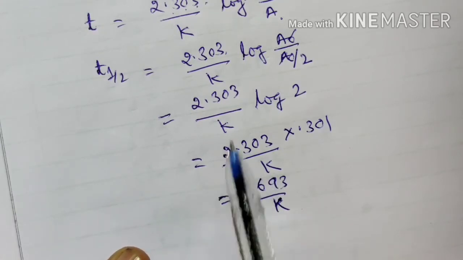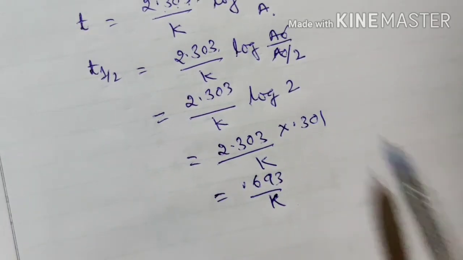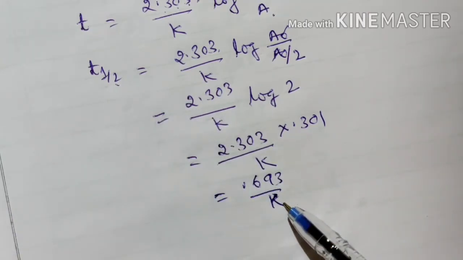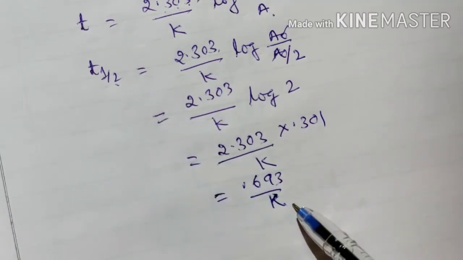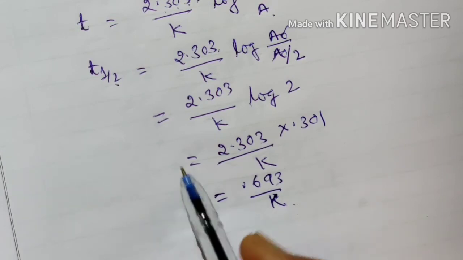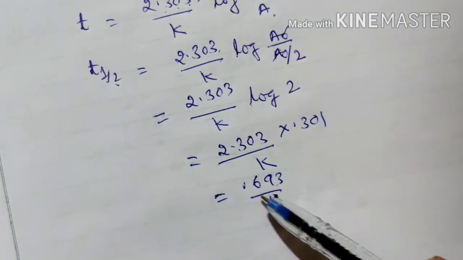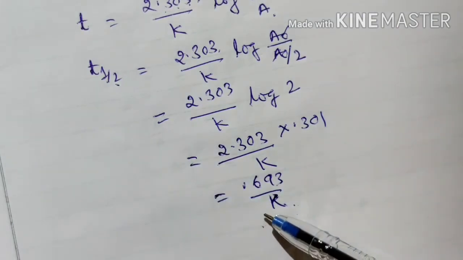Now for the first order reaction, the t half is independent of the initial concentration of the reactant, because the concentration term is not here. So the t half is equal to 0.693 upon k. And when we have to find out the order in some questions, on the basis of this t half, we can say this reaction is a first order reaction.